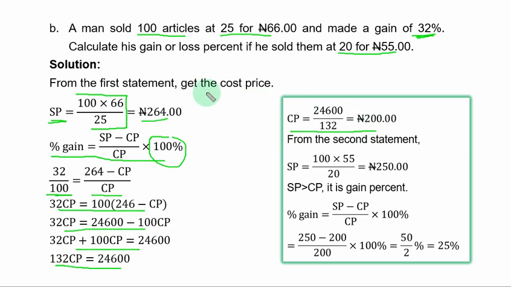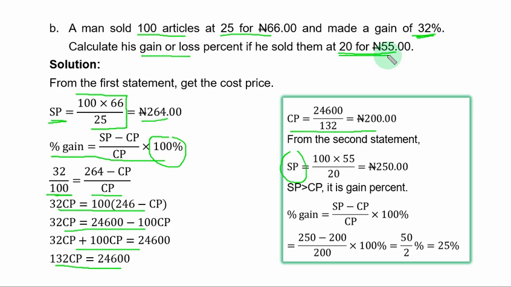To know whether the man made gain or loss, we need to get the selling price from the second statement. The same 100 articles, he sold them again at 20 for 55 naira.